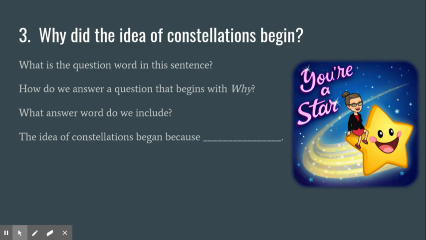Did is past tense. So when we restate our sentence, we need to change begin to began because we don't have did in the sentence when we do our sentence starter. Today I begin, yesterday I began. Now I want you to find evidence in the text.